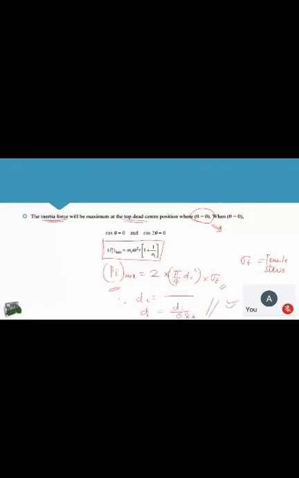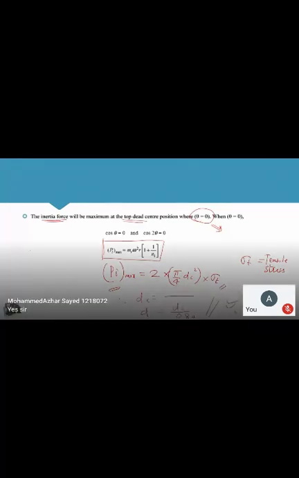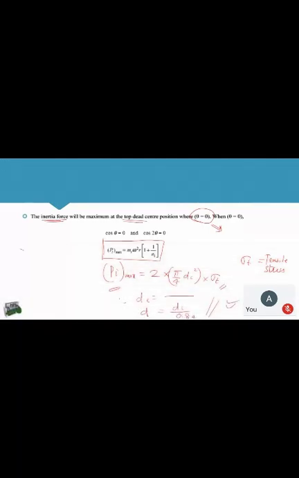Yes, good question. Vedant, I'm explaining here. See, this is the bearing cap.